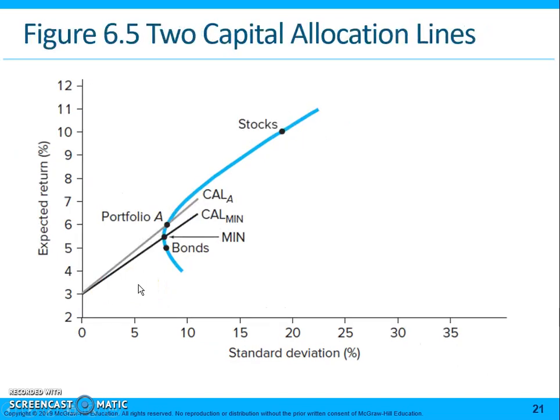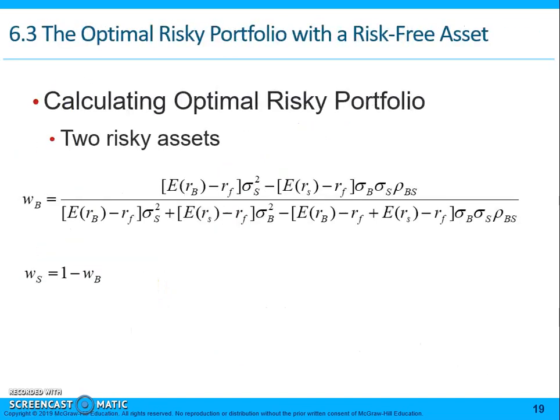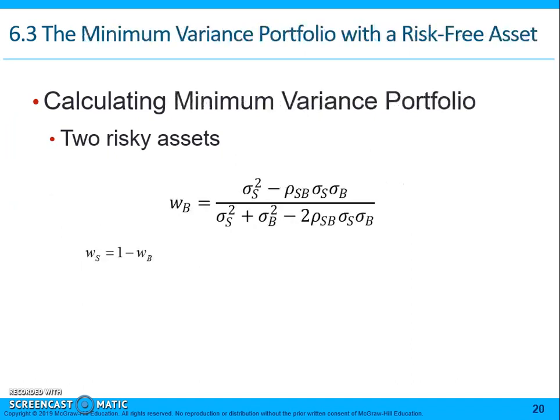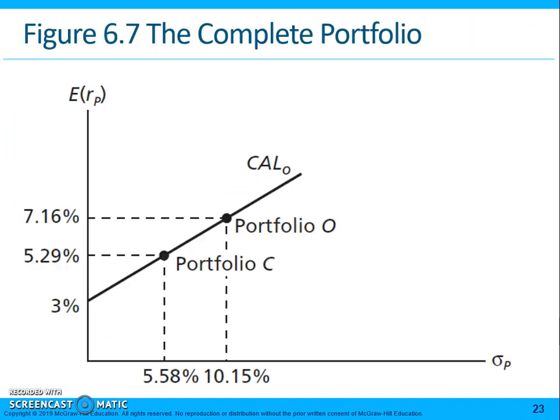So this formula is the one that we would use for calculating the weight in stocks and the weight in bonds for that optimal portfolio. Our complete portfolio is where we choose our asset allocation between the optimal portfolio and the risk-free asset.